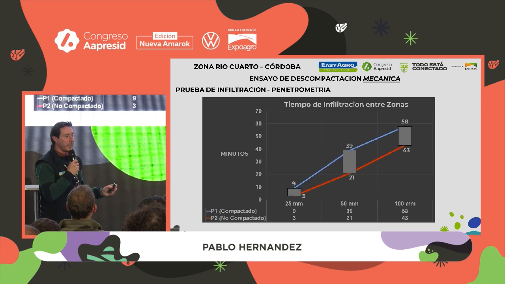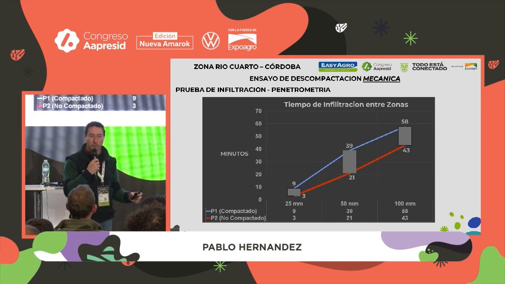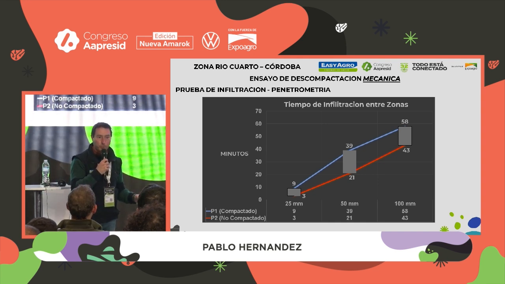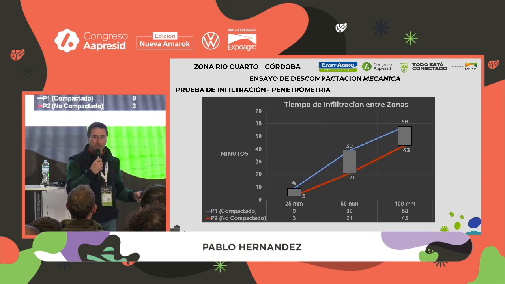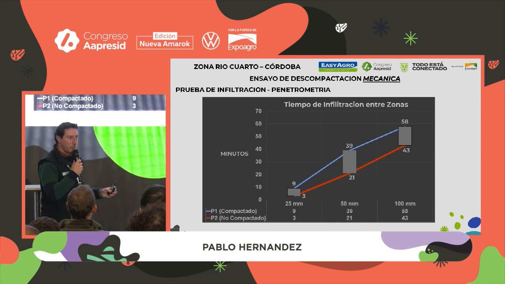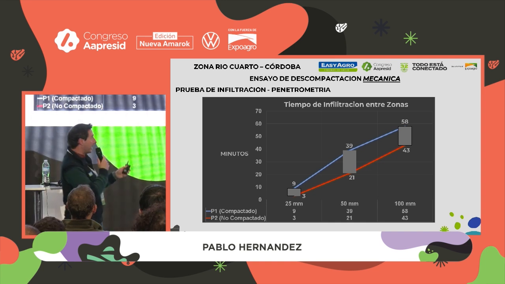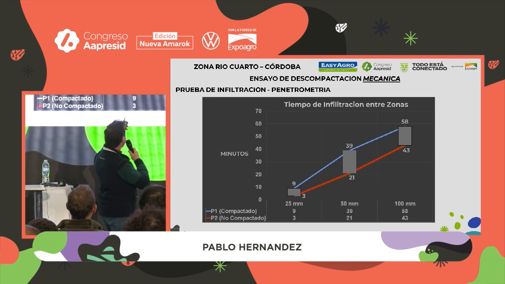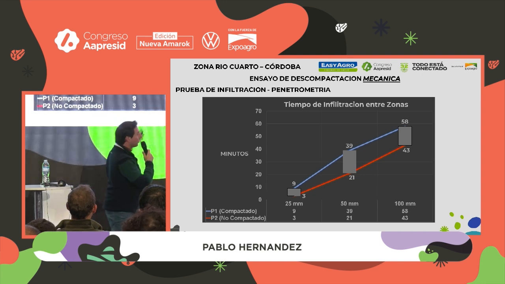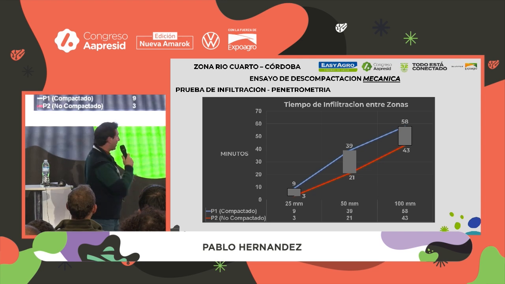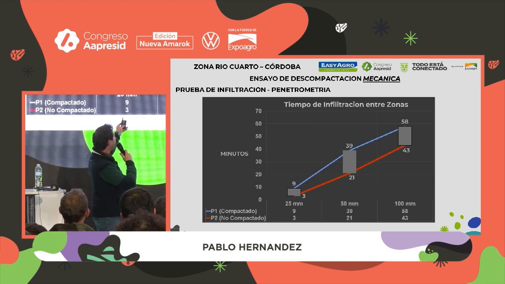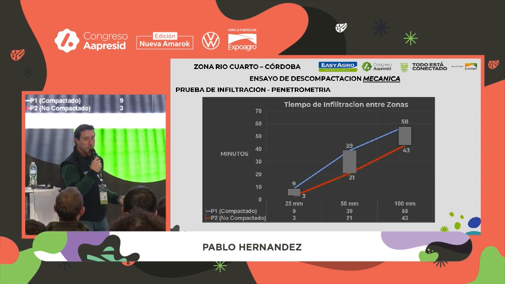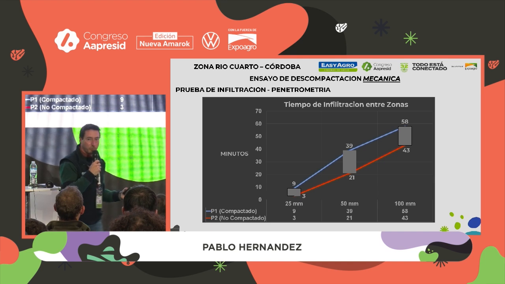After that, we determined the time of infiltration in the area to understand what had happened. This is fully sandy soil. There is organic matter, it is very light, and in the compacted zone to infiltrate 25 millimeters, I needed 9 minutes, but in the areas without compaction, only 3 minutes.